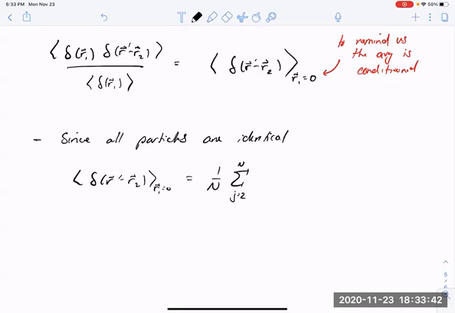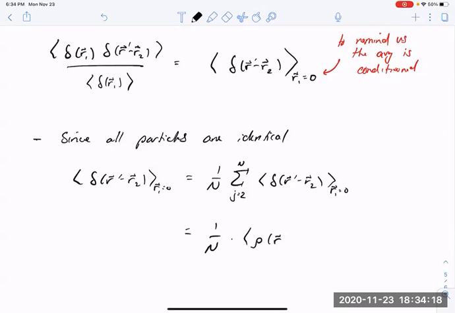And if n is large, it doesn't really matter if I have divided by n or n minus 1. It's just a complicated way of multiplying by 1. Now look at that. We've summed over nearly all the particles. Average delta function, factor of 1 over n out in front. This is then 1 over n times the density of particles at R prime, given R1 is at the origin.